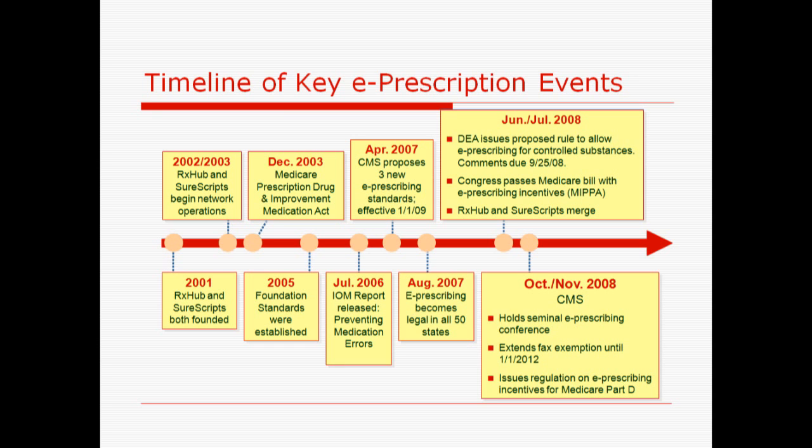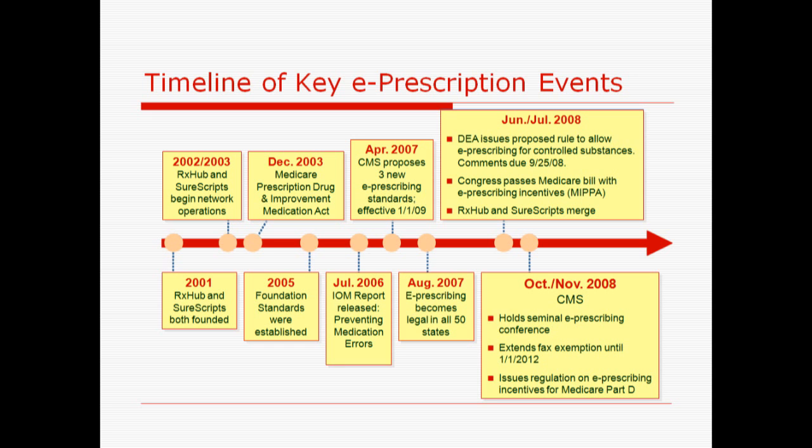In July 2006, the IOM report was released, which was based on preventing medication errors. Then, in April 2007, CMS proposed 3 new electronic prescribing standards, which were effective from 1st January 2009. And in the same year, in August, electronic prescribing became legal in all 50 states.